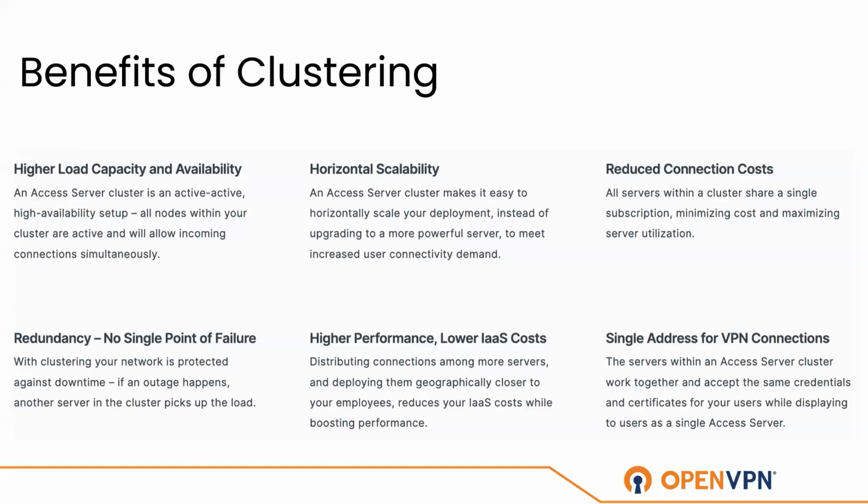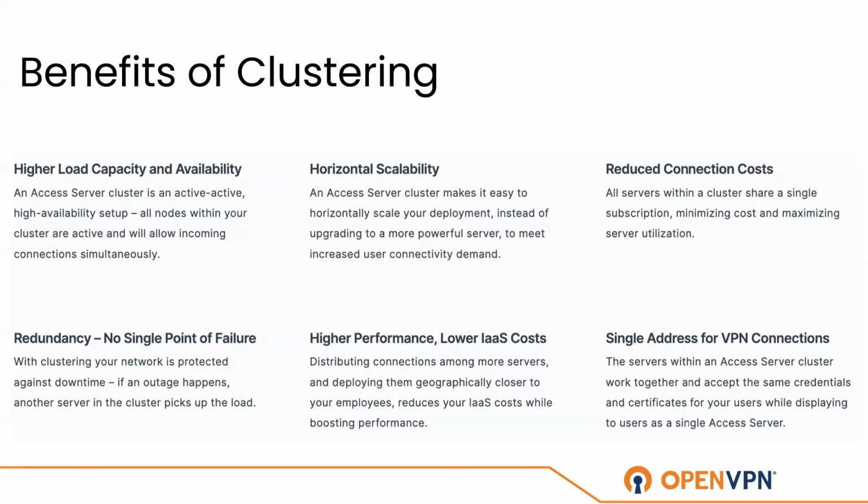And in terms of higher performance and lower costs, what we mean by that is, just like we showed in the use case for secure internet access, it allows you to deploy more distributed nodes, making it easier for you to deploy your servers closer to where your remote users are, increasing performance.